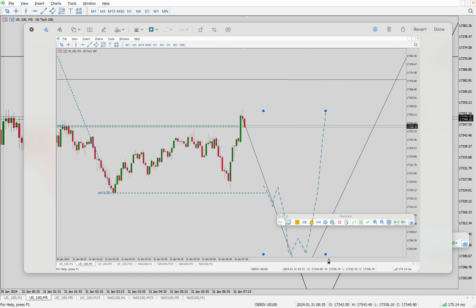Okay, we're at the bottom, at that horizontal level that we have annotated on the hour 1 time frame. So this is simply just a consolidation. Primarily, the first move out of this consolidation is the false move.